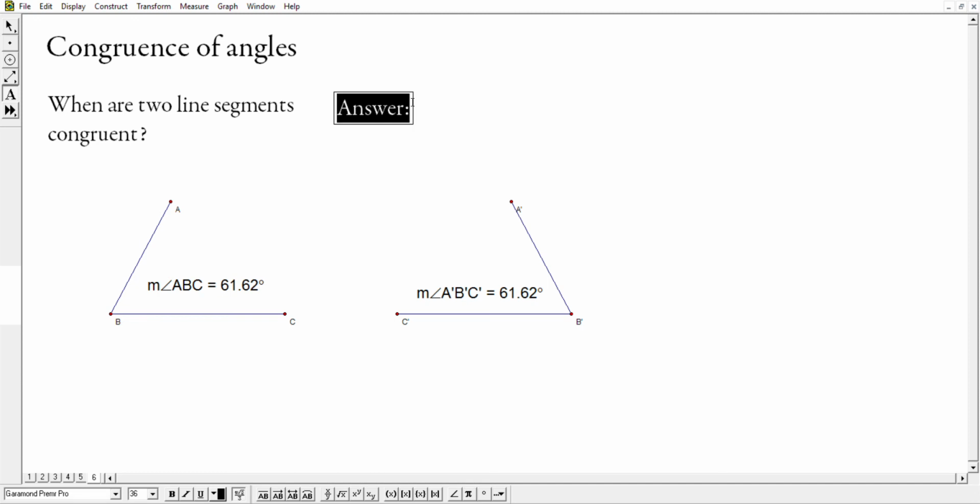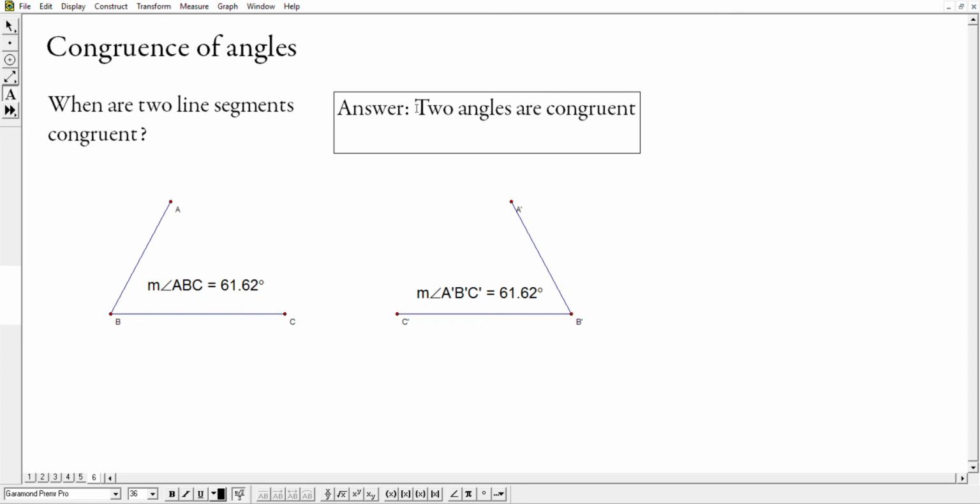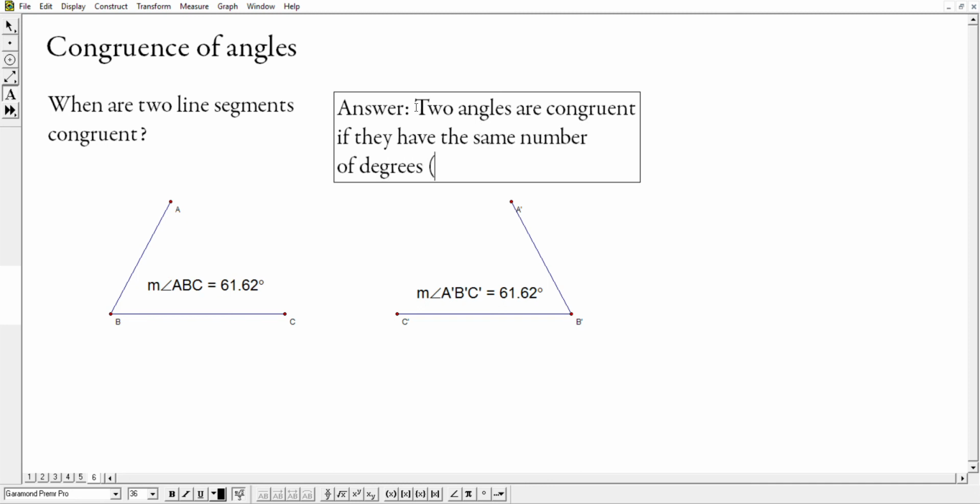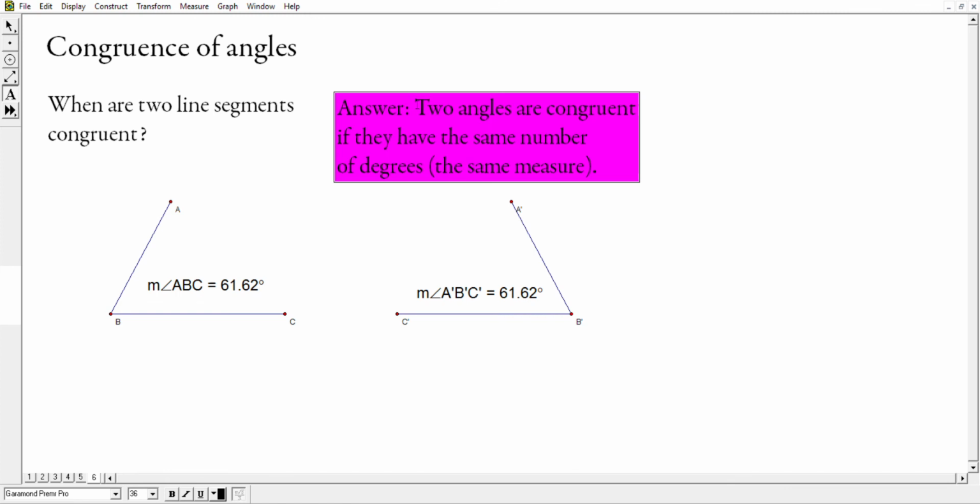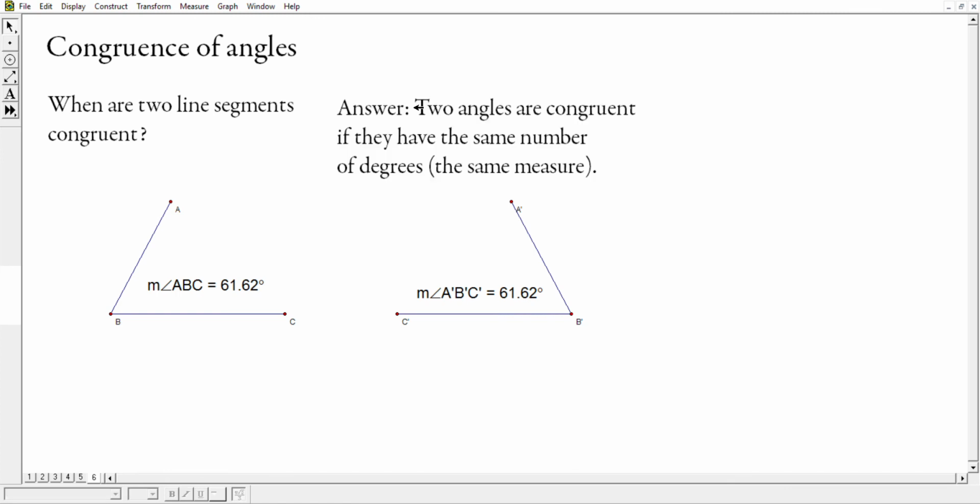And that is how we tell if 2 angles are congruent. 2 angles are congruent if they have the same number of degrees, or what is sometimes called the same measure. The word measure is used for angles like the length is used for line segments.